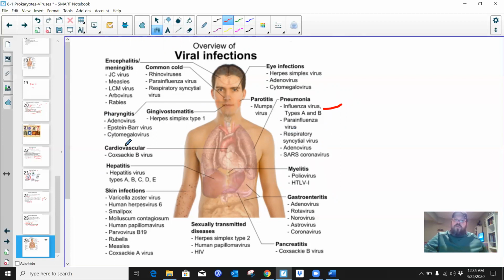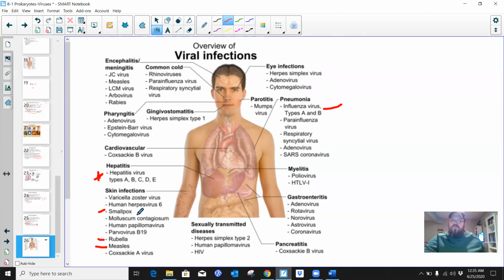Hepatitis affects the liver, and there are different vaccines used for hepatitis. Smallpox, right? Measles, rubella, the MMR shot, the measles, mumps, and rubella shot.